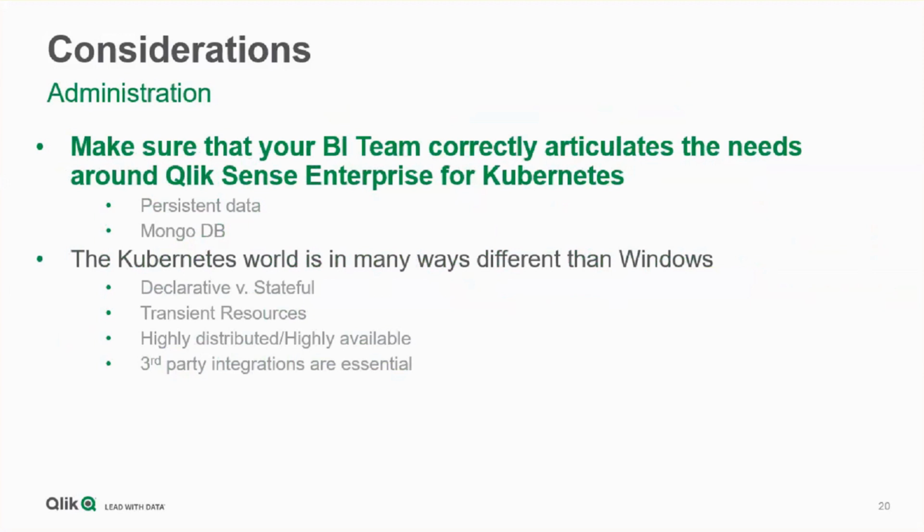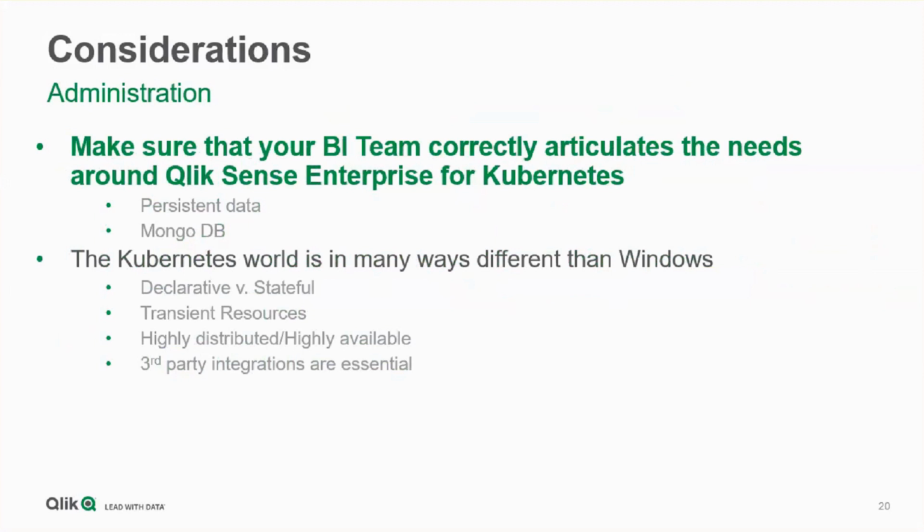That's also true for high availability and high distribution, right? One of the benefits you're hoping to get is scale. The ability to scale out quickly, the ability to run more engine instances at a lower total cost of ownership, right? But what that means is that you have to plan for high availability.